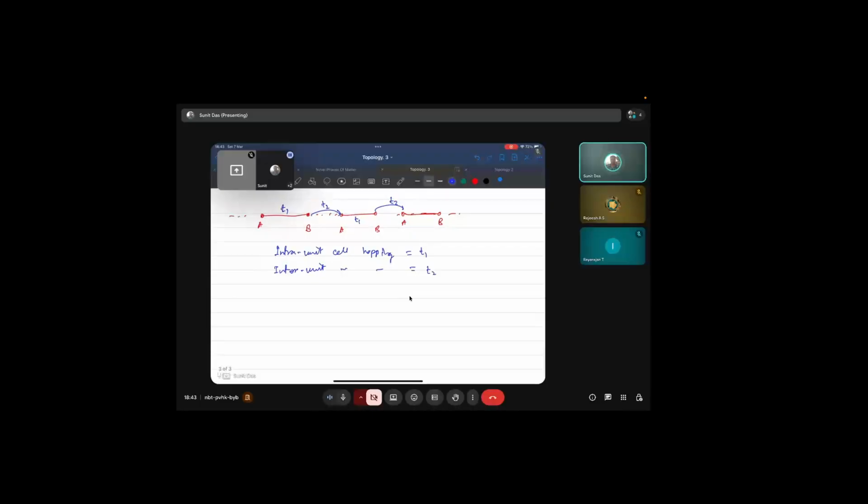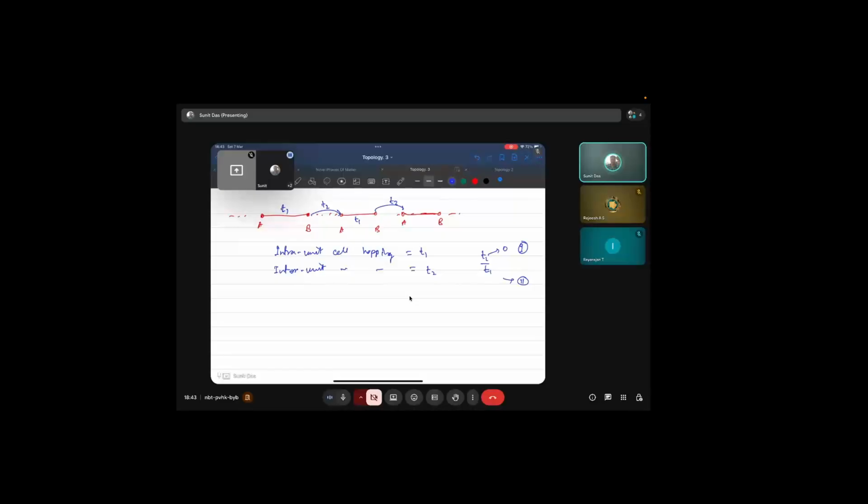So earlier we were considering the extreme cases. So T1 by T2, let's say, or rather make it T2 by T1. When T2 is 0, we had the case of, let's say, case 1. And when T1 was 0, we had case 2, right?